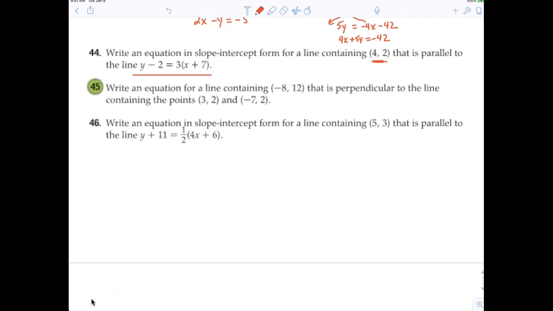Once you have the point and slope, you just write it in point slope form and you're done. All right, so what point are we referring to in number 44? 4,2. What would be the slope of the line? 3. The slope would be 3 because it is parallel.